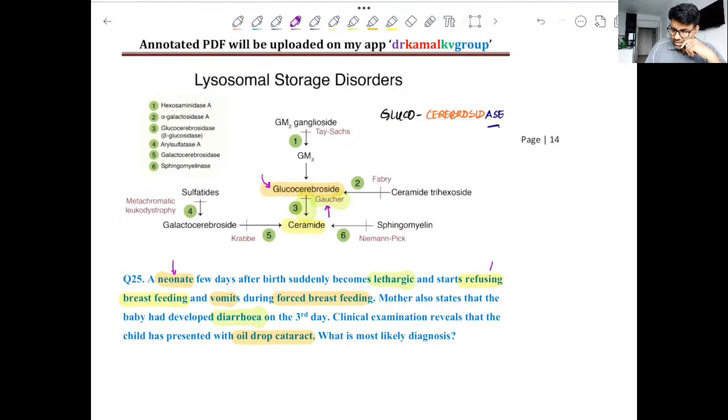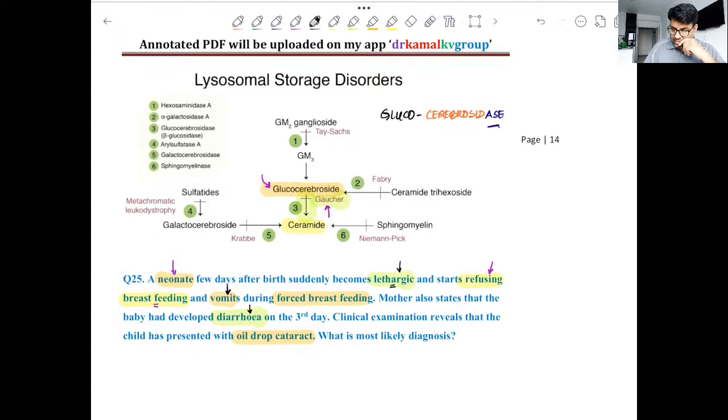Neonate is not tolerating breastfeeding, so he tried to refuse breastfeeding, and if the mother forcibly breastfeeds, then the child will vomit, and also will not tolerate, leading to diarrhea, and because of inadequate nutrition the child is becoming lethargic.